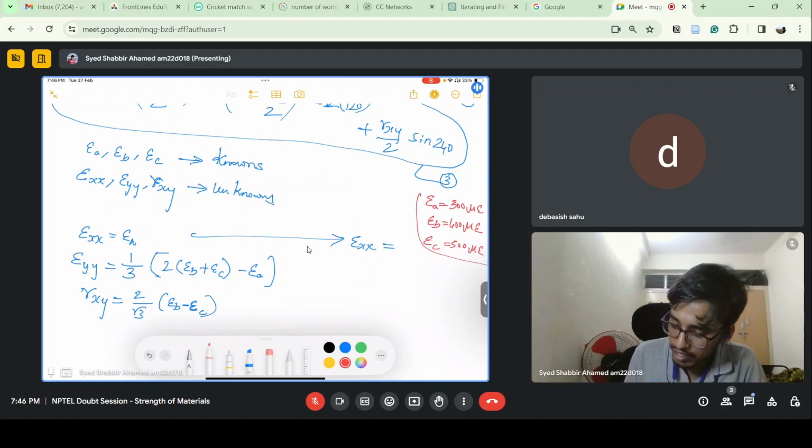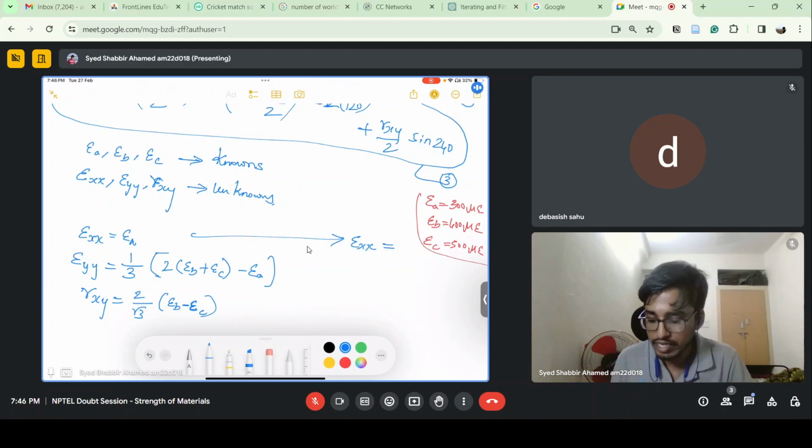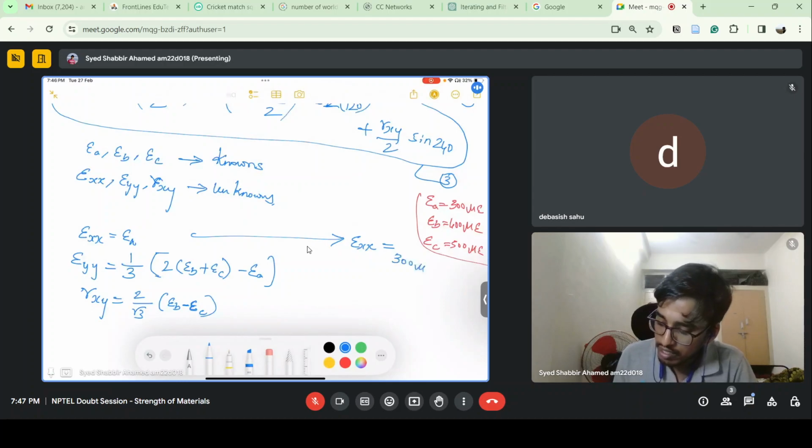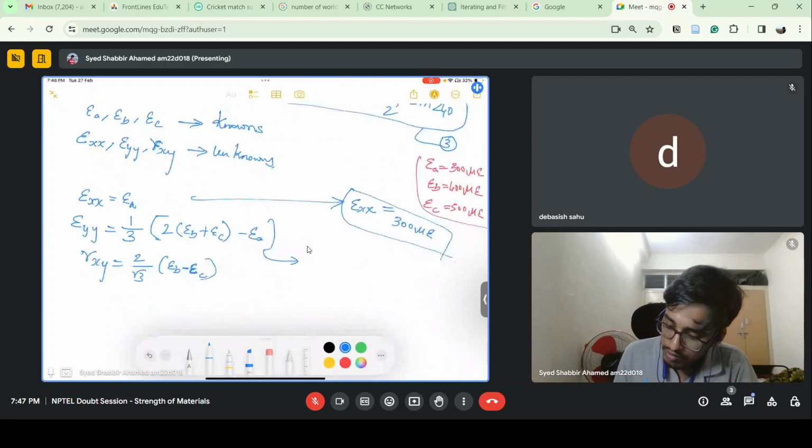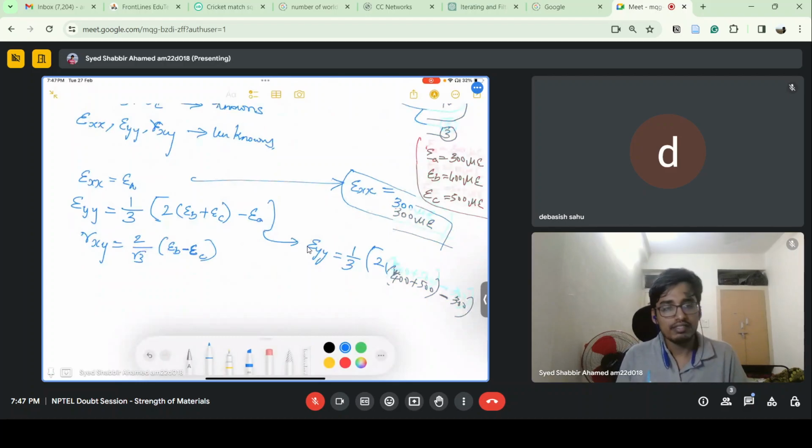Epsilon xx is basically epsilon A, which is 300 microstrain. So one component of the strain tensor is calculated. Then epsilon yy is 1 by 3 into 2 into 400 plus 500, that is epsilon B plus epsilon C, minus epsilon A, which is 300.